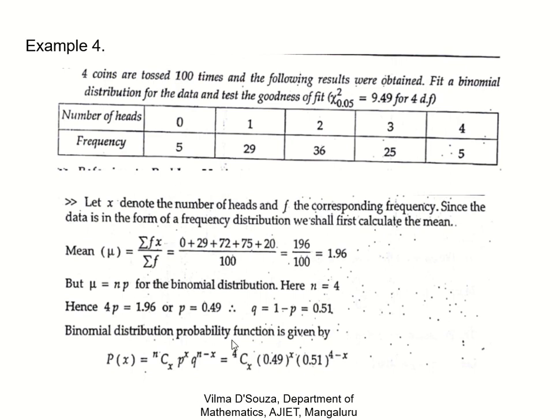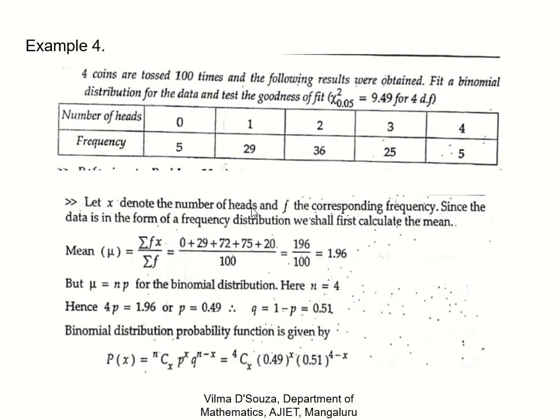What is p, what is q, you do not know. So, you need to calculate p and q. Before moving to p and q, you need to calculate mu also, because mu is helpful in finding the value of p.